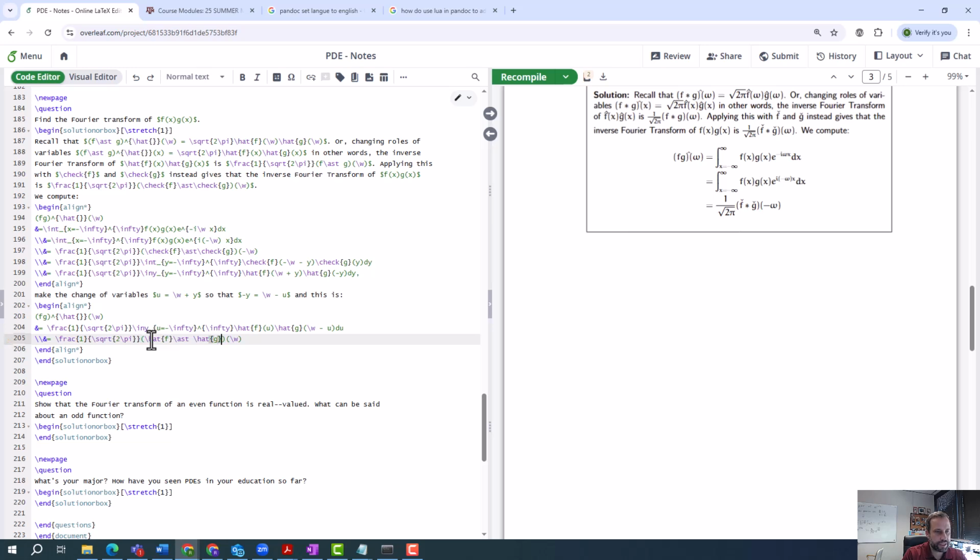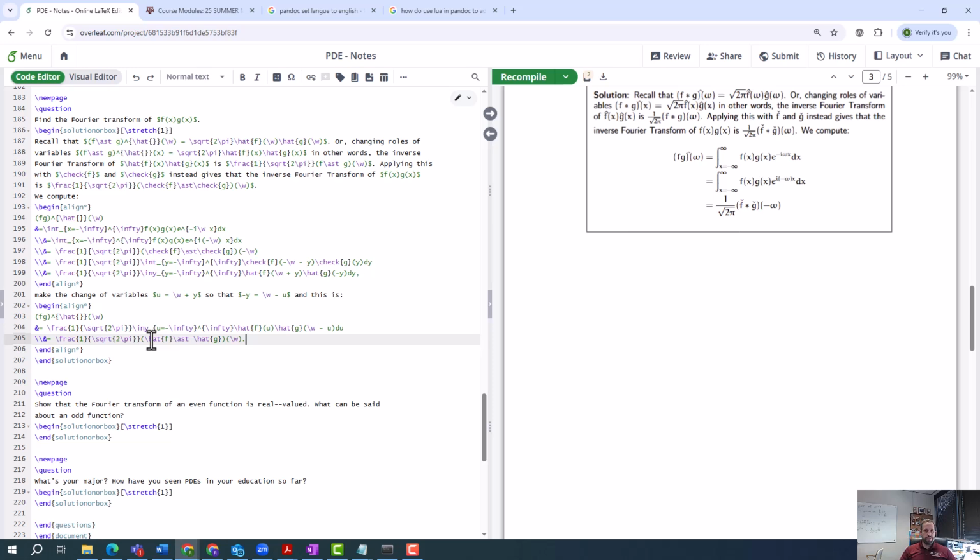Now, just like for the Fourier transform of x times f of x, there are more succinct ways to do this. I may be explaining it a little bit more just to get what's going on here correct, so that we understand this duality between the Fourier transform and the inverse Fourier transform.